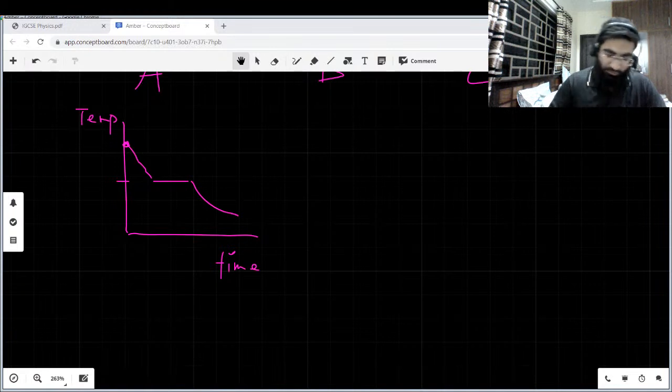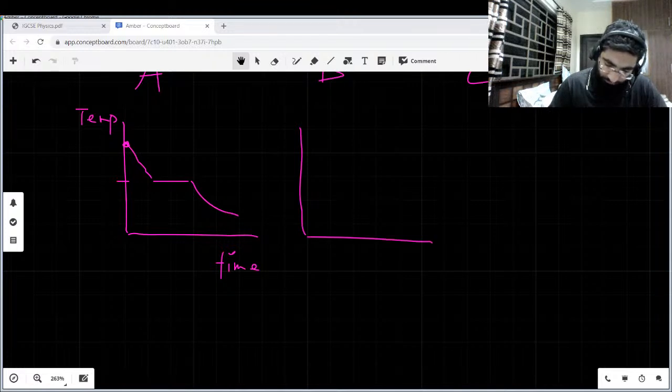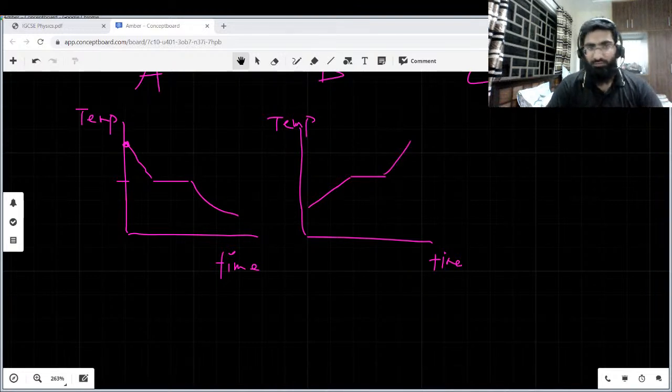Similarly, if I'm applying constant heat to a solid so that I may liquefy it, as time passes the temperature increases. It reaches a certain point where it becomes constant and then it liquefies and then the temperature rises again.